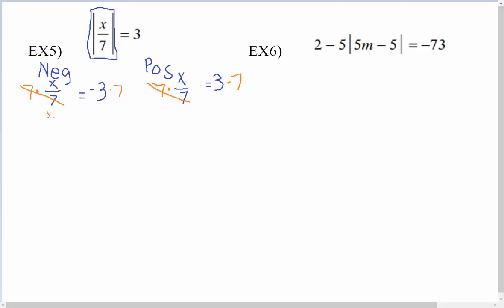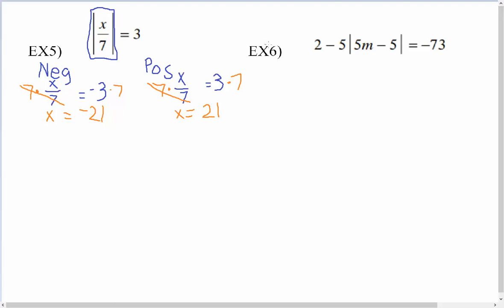So we're left with x equaling negative 21 and x equaling positive 21. And that's it for that problem. So if it already is isolated, it makes for a very quick and easy process.